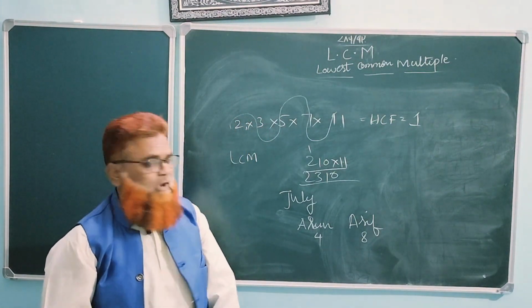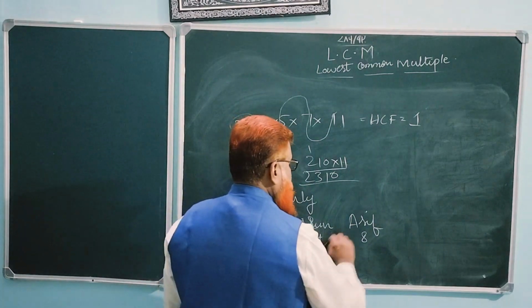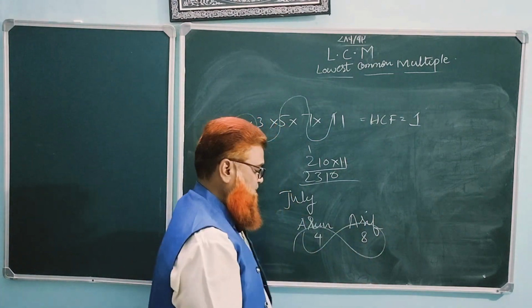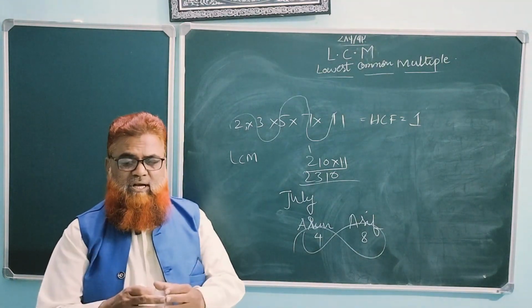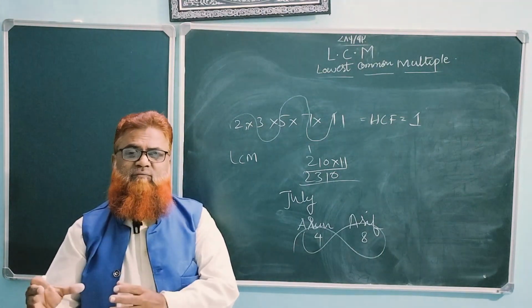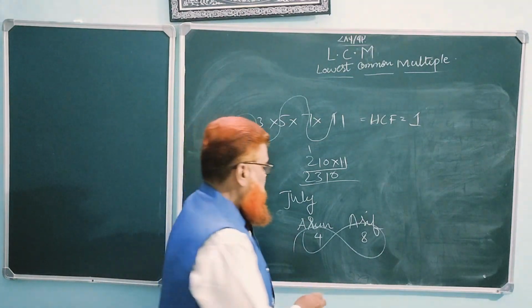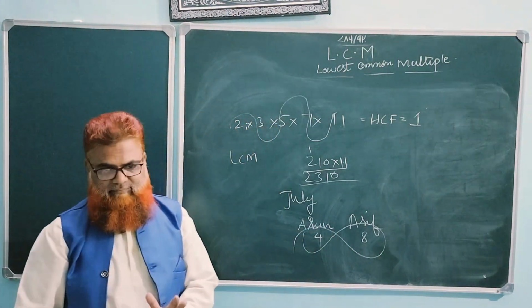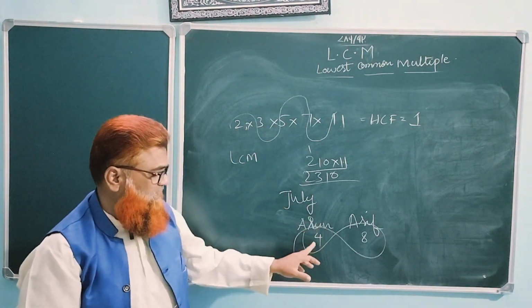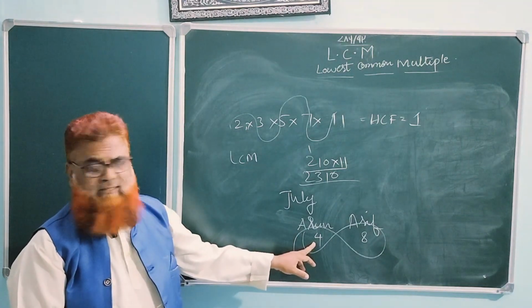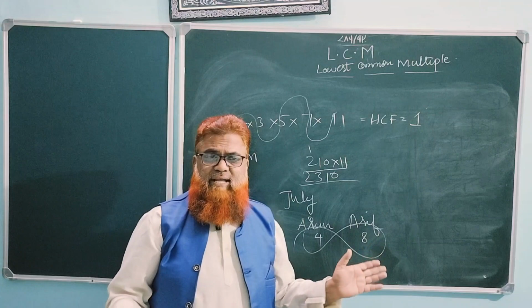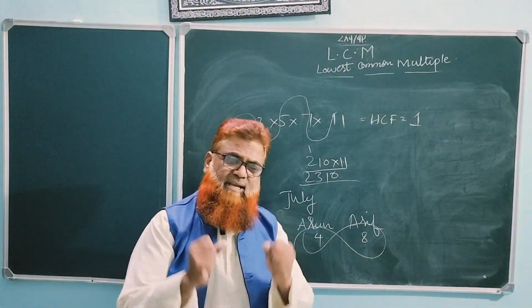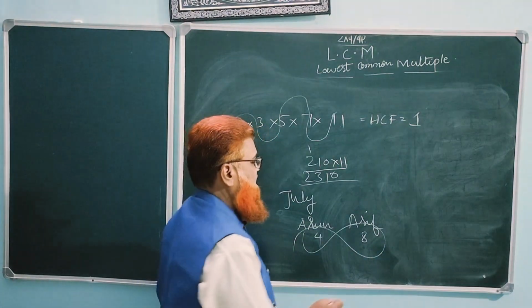All right. Now, what is the next further date that they both come and join on the same day? Arun and Asif should meet on the same day, because the date of Arun is the 4th of the month and the date of Asif is the 8th of the month. What is the next day that they are going to meet at the same time on the same date?